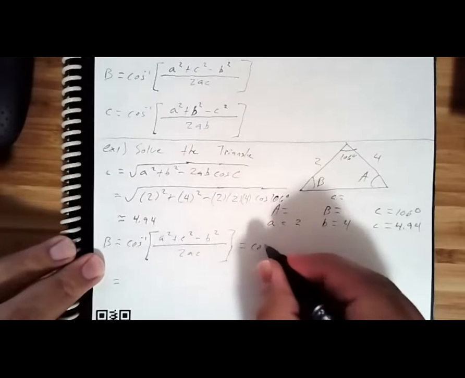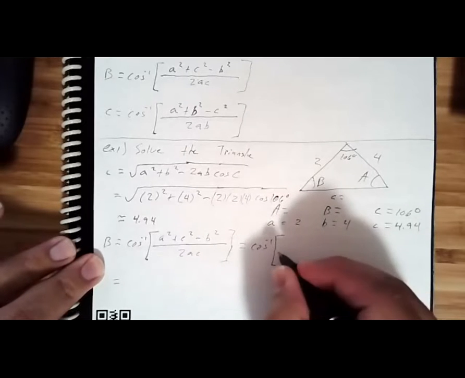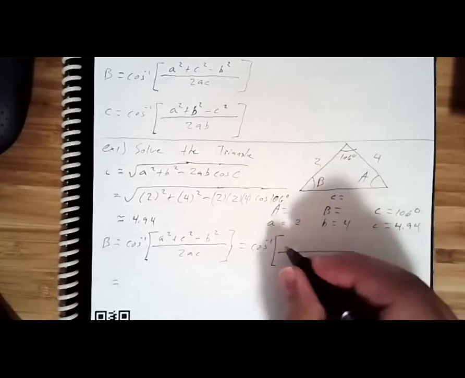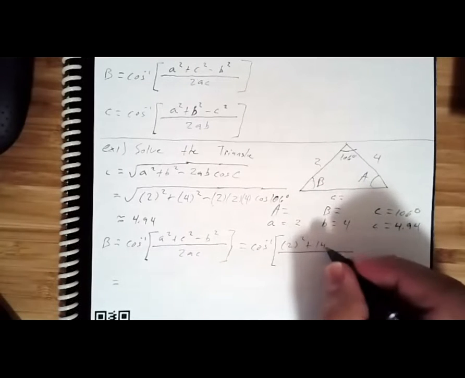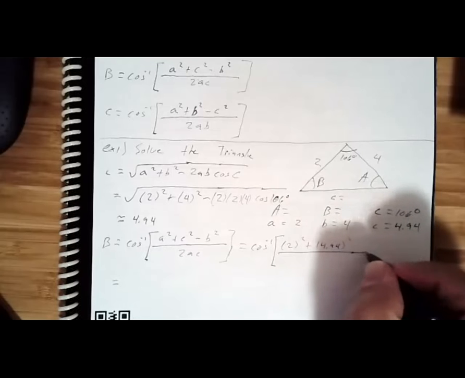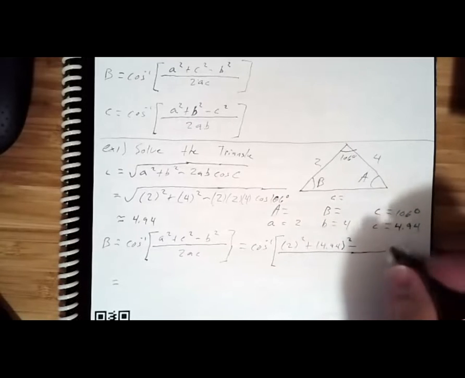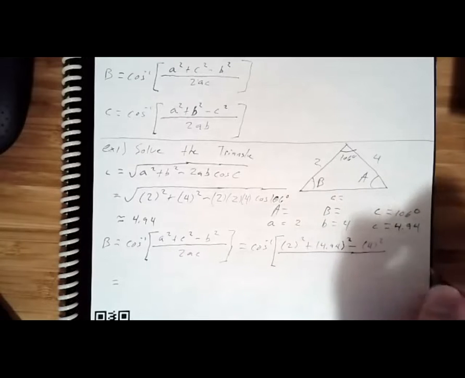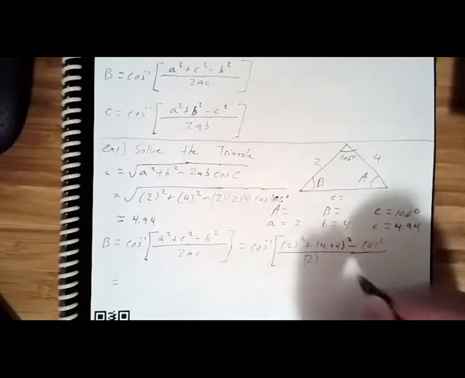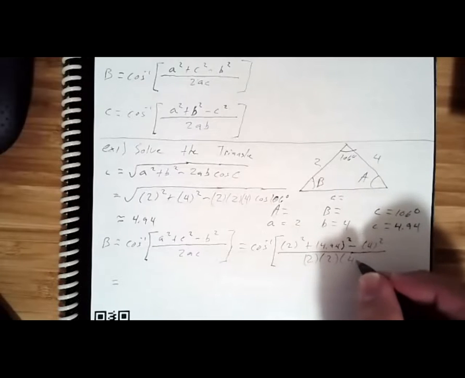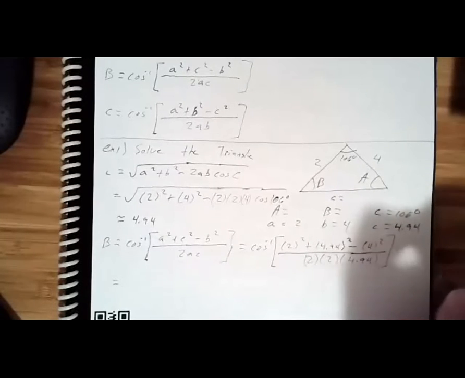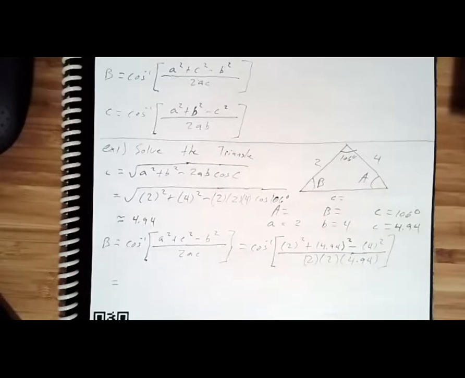So that would be cosine inverse of 2 squared plus 4.94 squared minus 4 squared over 2 times a times c. So once you have all three sides, you can solve for any angle you want, but you have to have all the sides.